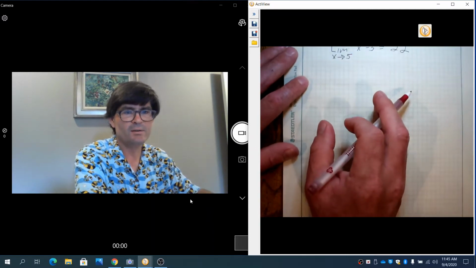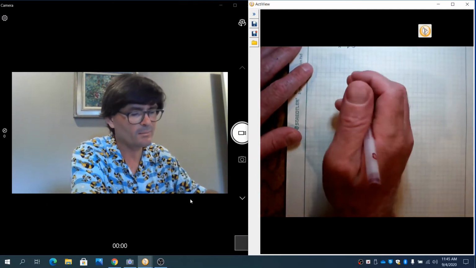In order for a limit not to exist, one of three conditions has to be in place.